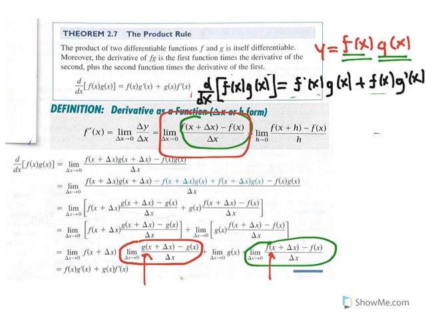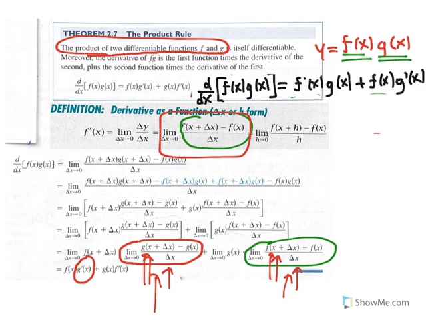And since we're assuming that our product of f and g has differentiable functions f and g, the product of two differentiable functions is itself differentiable. So because we're assuming that the individual functions in our product are differentiable, these are derivatives of g and f. So this is just g prime of x, and what we have here is just f prime of x.